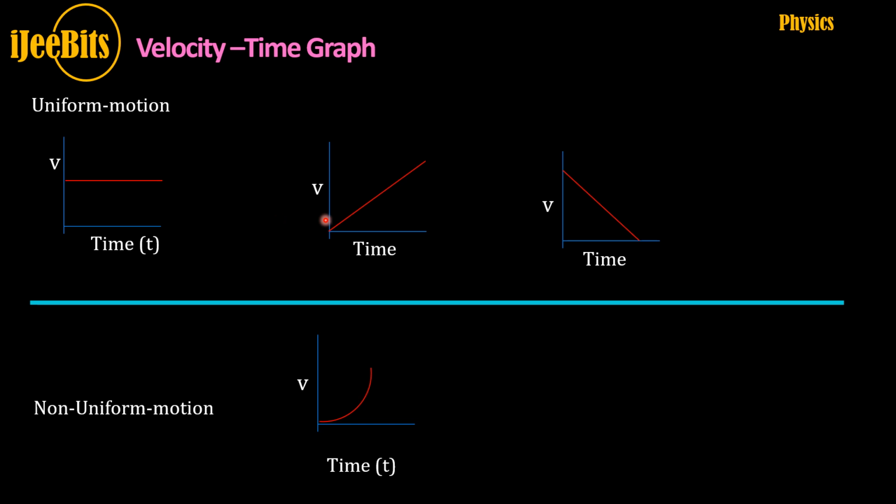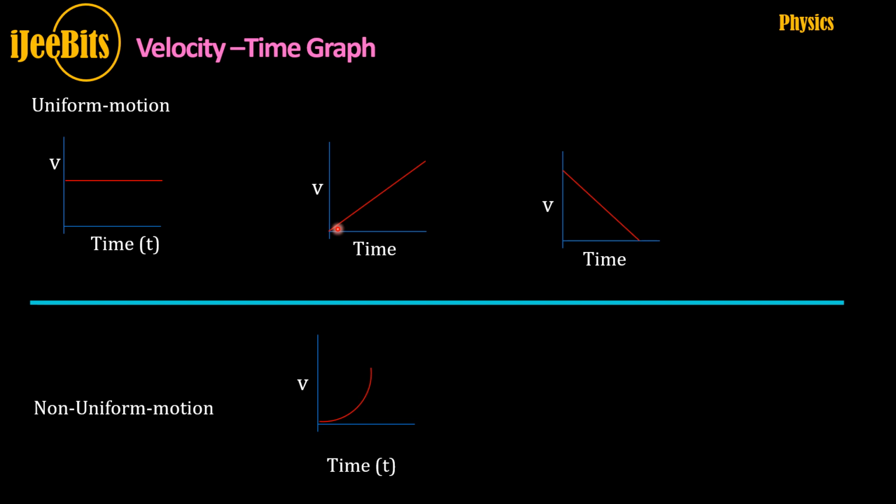Look at this graph, v increasing with respect to time. The acceleration is what we get from the vt graph, right? The slope of v and t, dv by dt, is nothing but your acceleration. The value remains the same, so this is uniform acceleration. There is no change in slope.